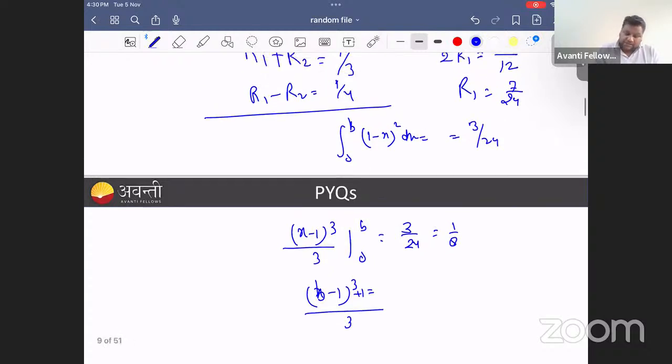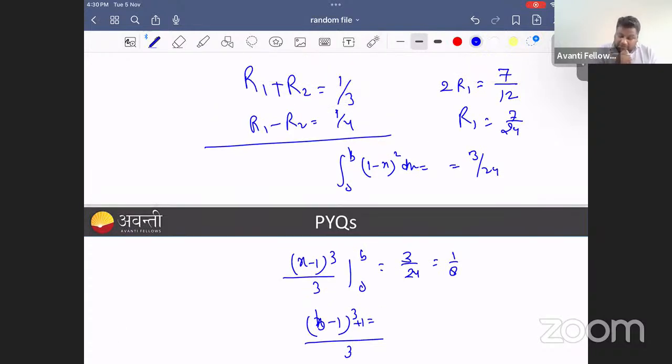Still there is some mistake. (x minus 1) whole cube by 3, limit equals 0 to b. So (b minus 1) whole cube plus 1 upon 3 is not 3 by 24; it is basically 7 by 24.